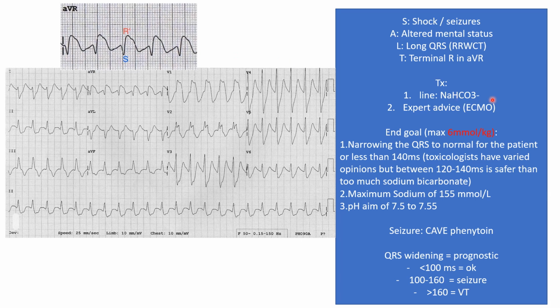The treatment for this, as an emergency physician, take the arterial blood gas first, see if there's hyperkalemia. If there's not, then just give bicarb. The problem with the bicarb is that you can maximally give 6 millimoles per kilo, and if they've taken a lot, then that might not be enough to treat them. What you want to see is a narrowing of your QRS, at least to below 140. It might be 120 to 104.